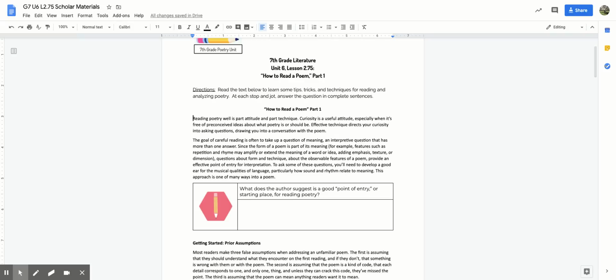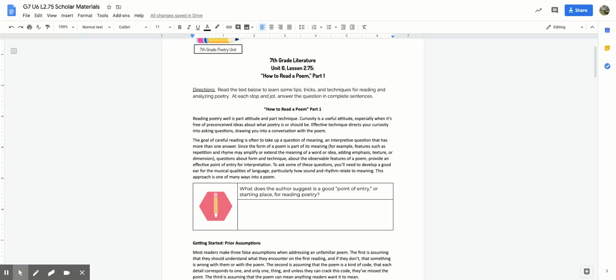Since the form of a poem is part of its meaning, for example, features such as repetition and rhyme may amplify or extend the meaning of a word or idea, adding emphasis, texture, or dimension. Questions about form and technique, about the observable features of a poem, provide an effective point of entry for interpretation.